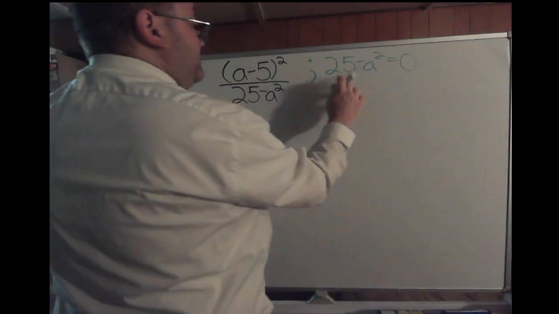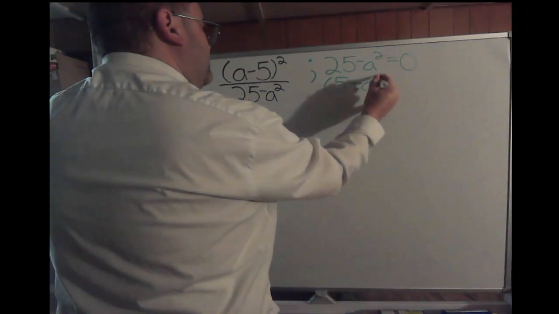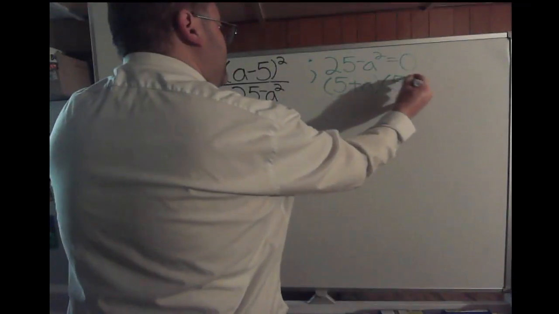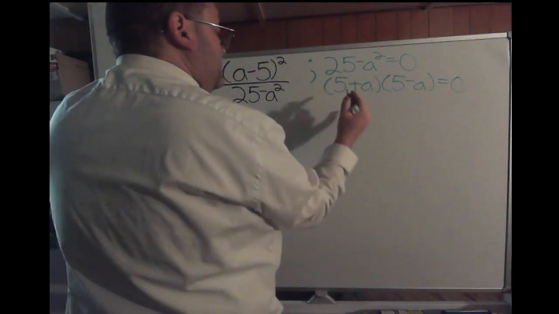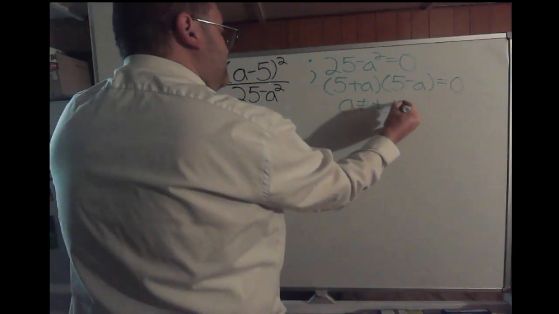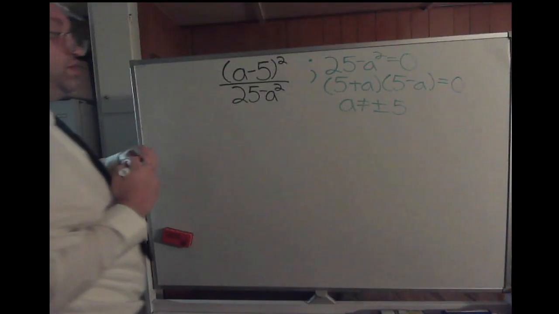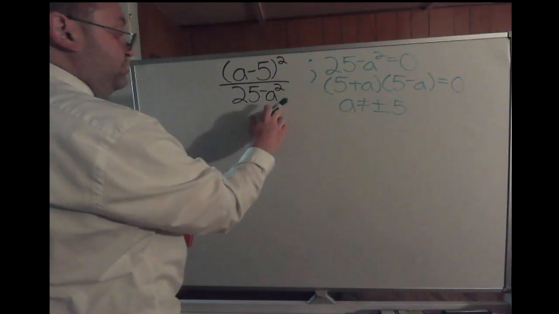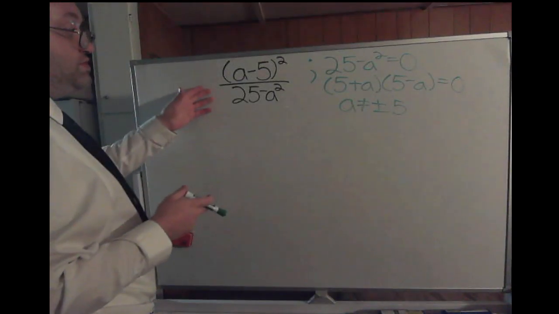We factor out the difference of squares, you get the quantity of 5 plus a times the quantity of 5 minus a, both equal to 0. In the end, a just cannot equal positive or negative 5, because if a equals either plus or minus 5, your denominator becomes 0, rendering it undefined.